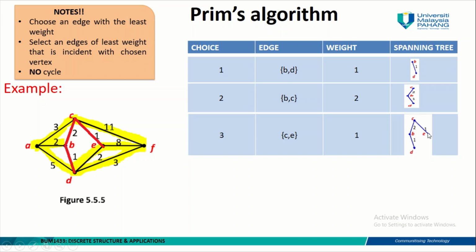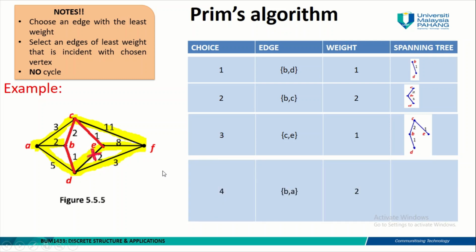If we choose the edge ED here, it can form a cycle. So we cannot choose the edge ED, since we cannot create a cycle in the Prim algorithm. So the next least edge is B to A that has the weight 2. For our fourth choice, we choose B to A with the weight 2, and we draw our spanning tree.